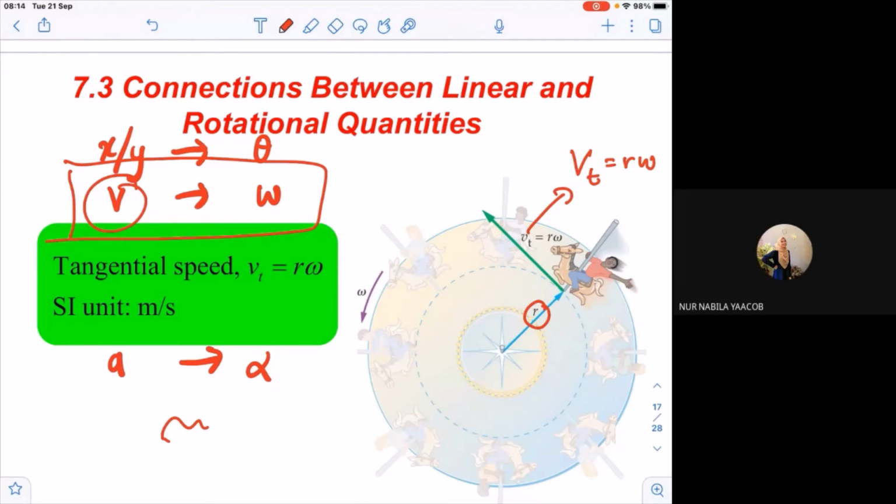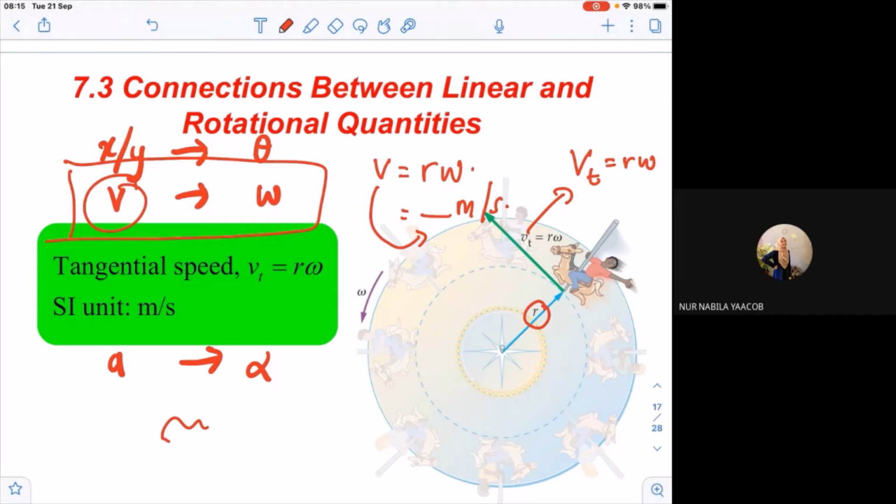So the equation becomes v equals r omega. The unit is based on v, which is meter per second. So if you calculate v equals r omega, the unit must be meter per second. It is also known as tangential speed.